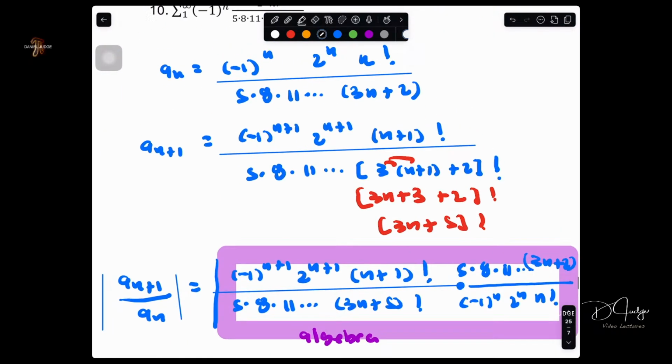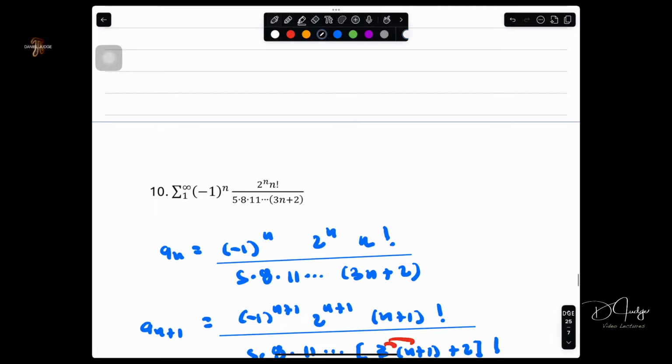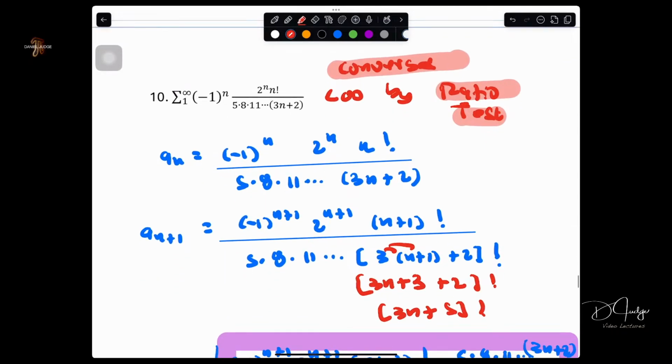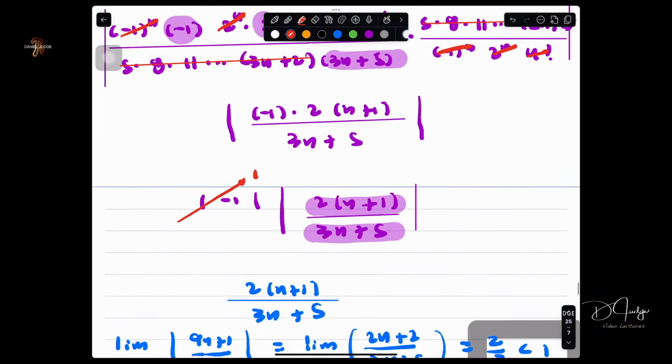So absolute convergence implies convergence. So this series converges by the ratio test.